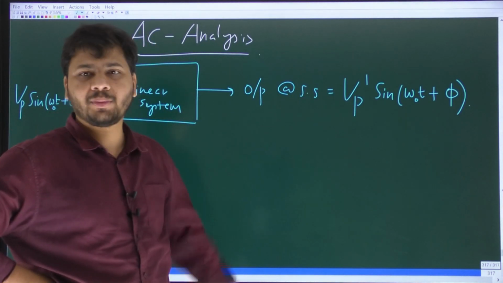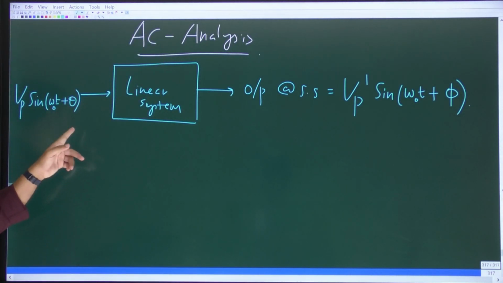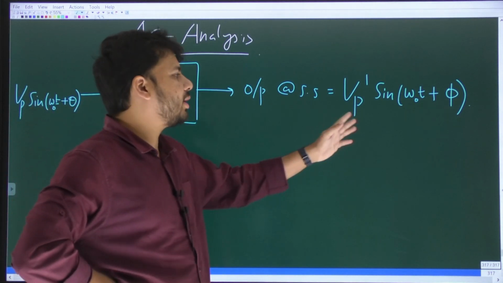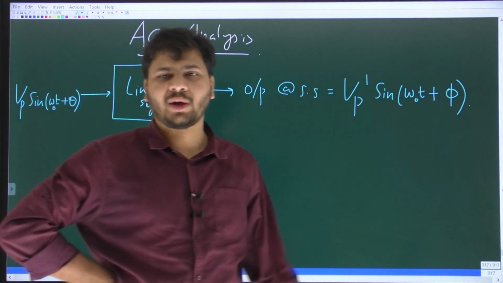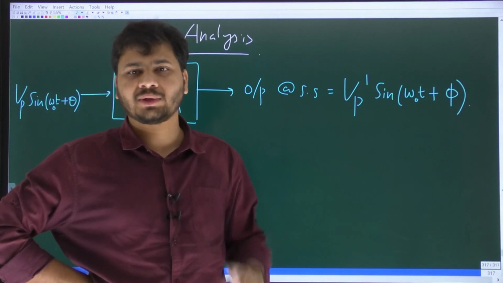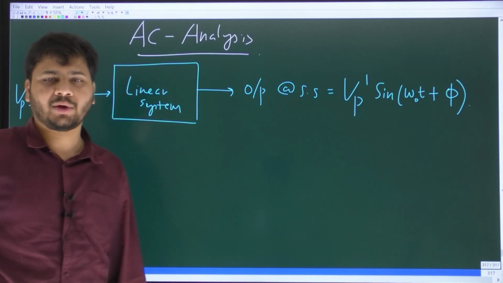Okay, let it be some Vp prime. Also input side, the phase angle of the sine wave, let it be some theta. Now on the output side, the phase angle can be some other value, maybe some phi. You understood? But look at the frequency of input and the frequency of output, both are one and the same. So frequency does not get modified.